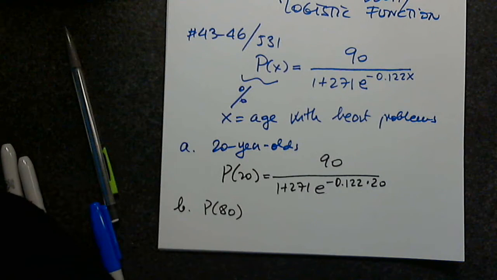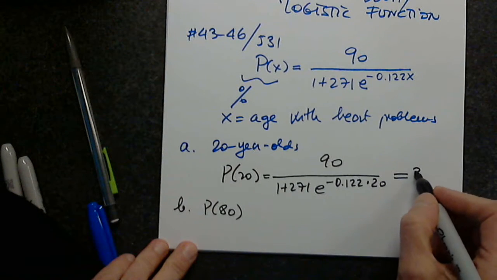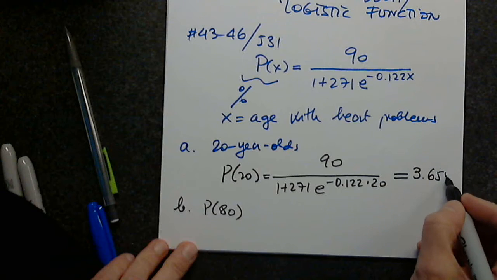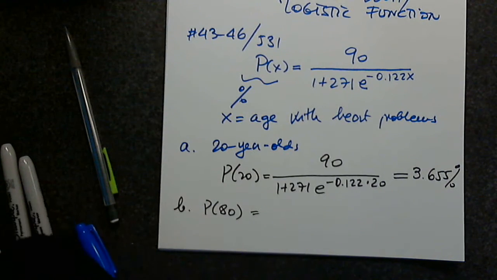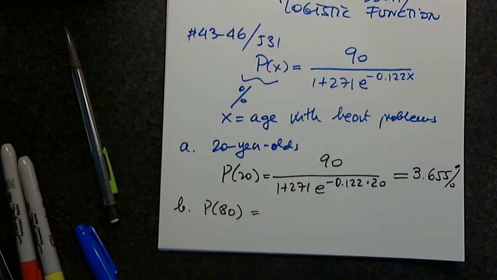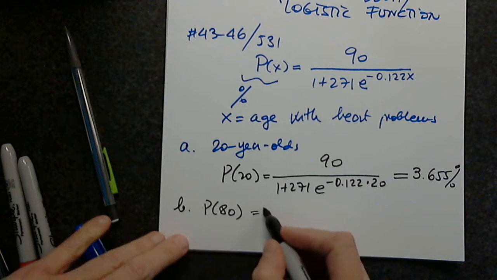Okay, so that is 3.655%, or 3.66%. Good. Now let's see what happens with the 80-year-olds. If we have 100 80-year-olds, according to the model, what percentage of those 100 people could possibly have a heart problem? 88.6%.